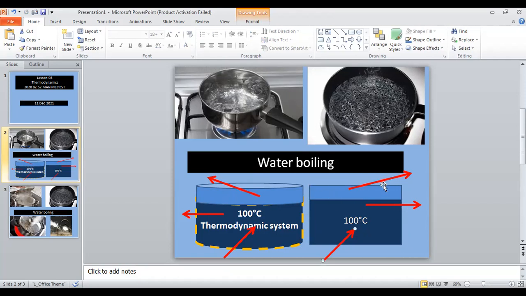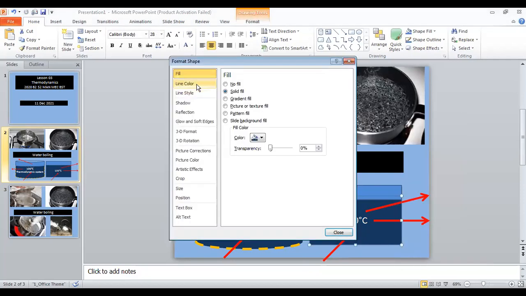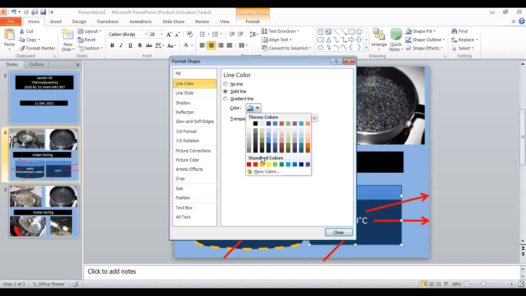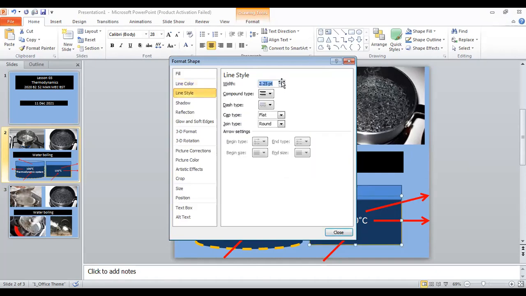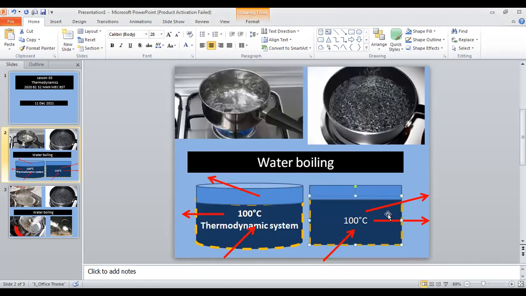Maybe almost the same size. Good. Interesting.